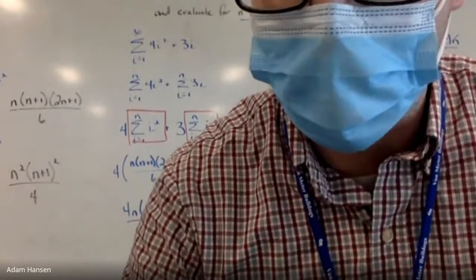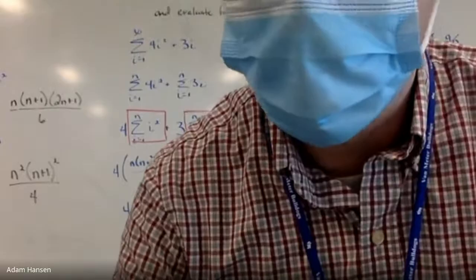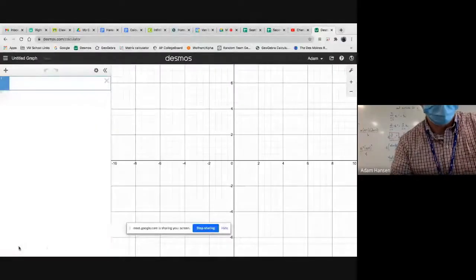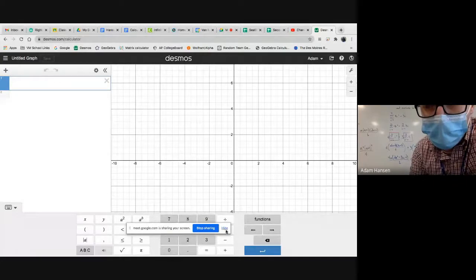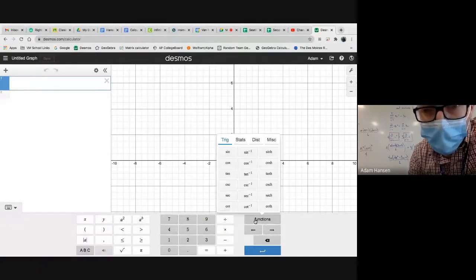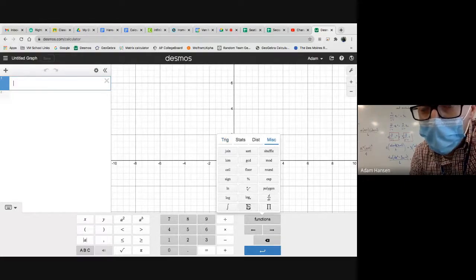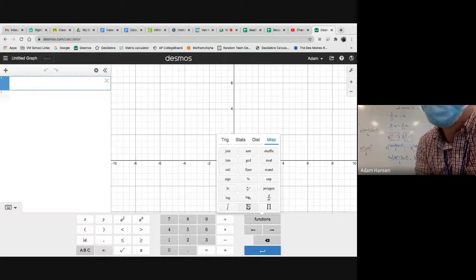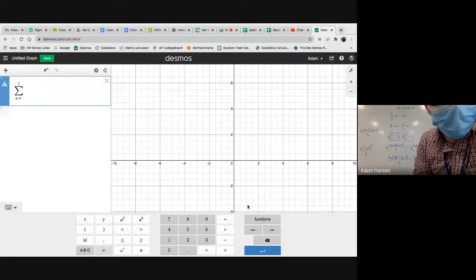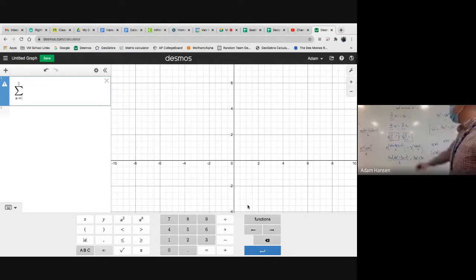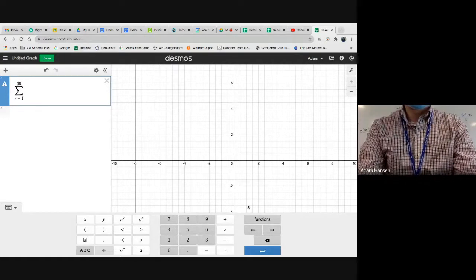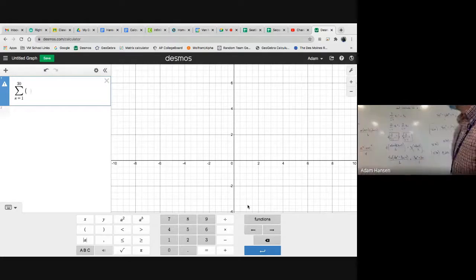Desmos has a summation calculator feature that I'd like to show you. If you open up the keypad in the lower left corner, I believe it's under the miscellaneous menu, and this sigma feature here. They use n instead of i, but it works the same. We're just going to type in n equals 1 to 30 of quantity, make sure you put it as a quantity, 4n squared plus 3n.